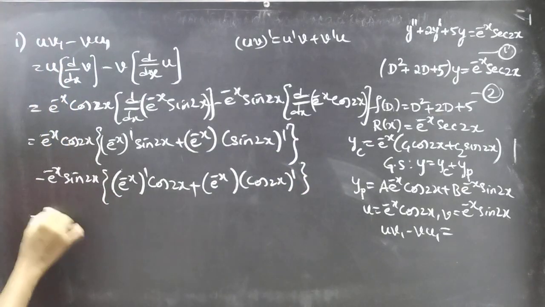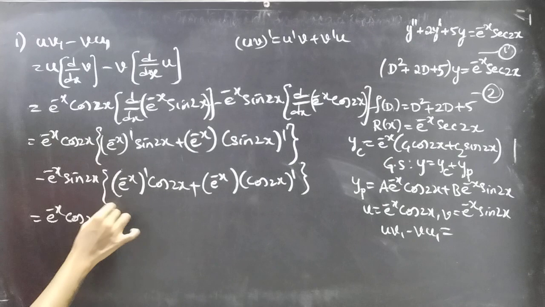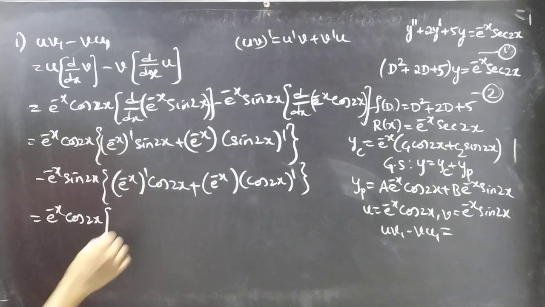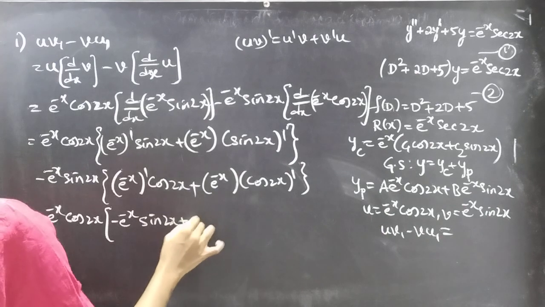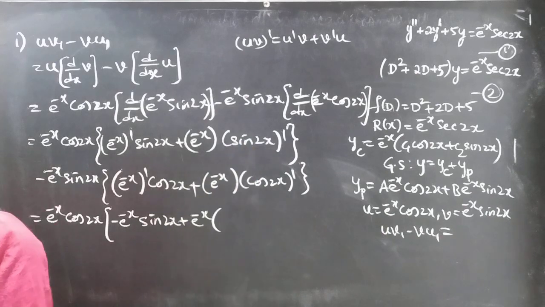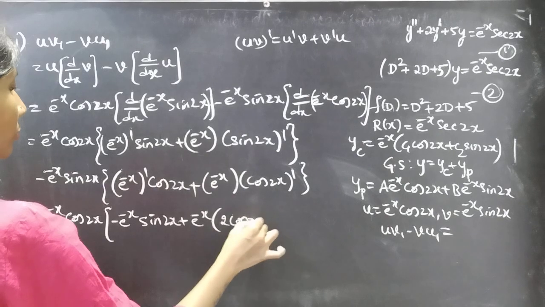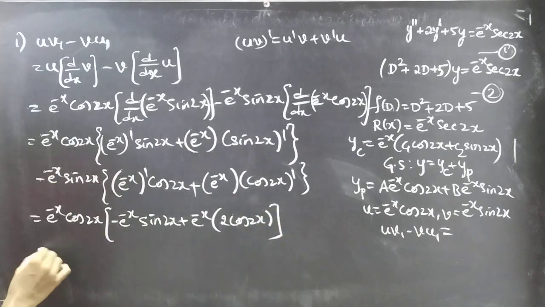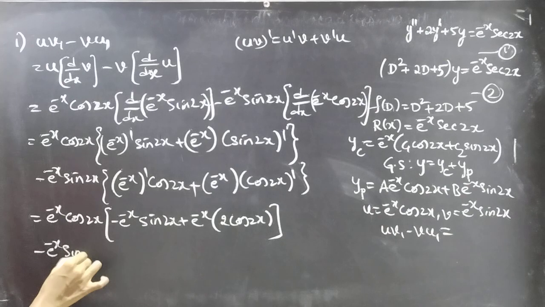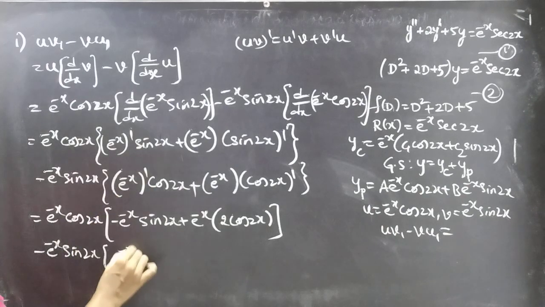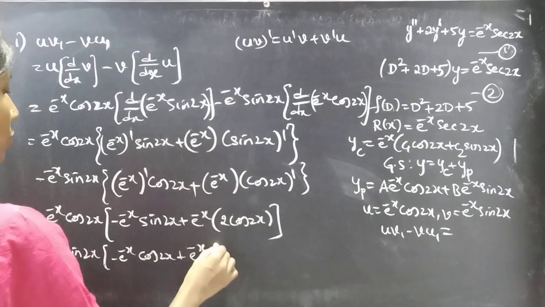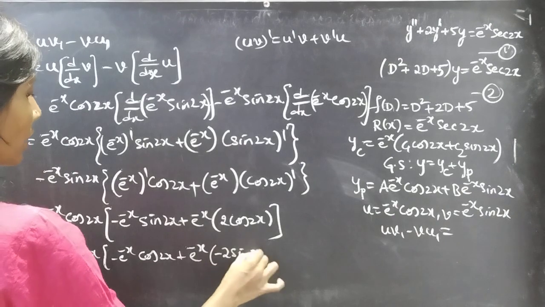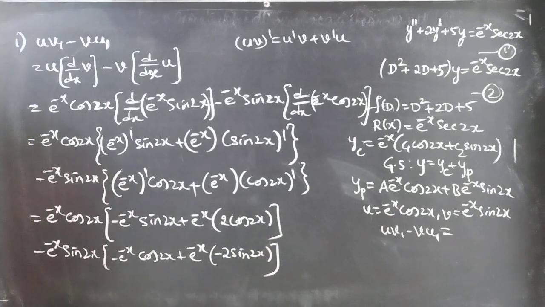This gives us e power minus x cos 2x into the derivative of e power minus x with respect to x, which is minus e power minus x into sin 2x, plus e power minus x into the derivative of sin 2x with respect to x, which is 2 cos 2x, minus e power minus x sin 2x into the derivative of e power minus x, which is minus e power minus x cos 2x, plus e power minus x into the derivative of cos 2x with respect to x, which is minus 2 sin 2x, right?